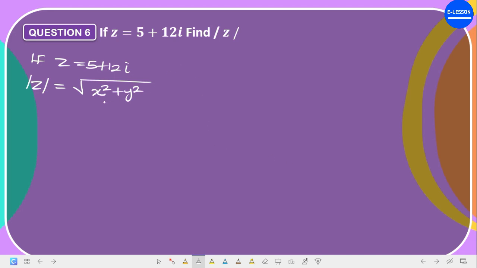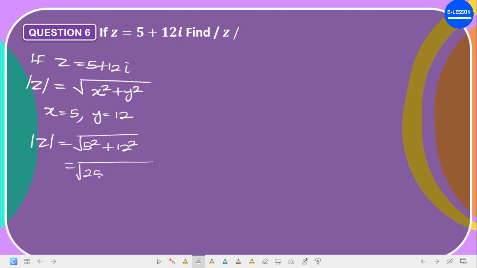So in this solution, what is our x? Our x is 5. And what is our y? Our y is 12, without the i. So the magnitude of z will be equal to the square root of 5 squared plus 12 squared. 5 squared is 25, 12 squared is 144.